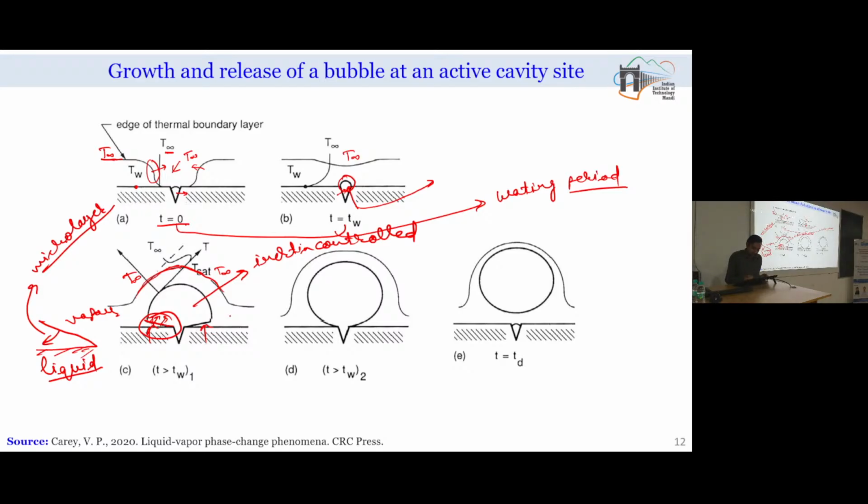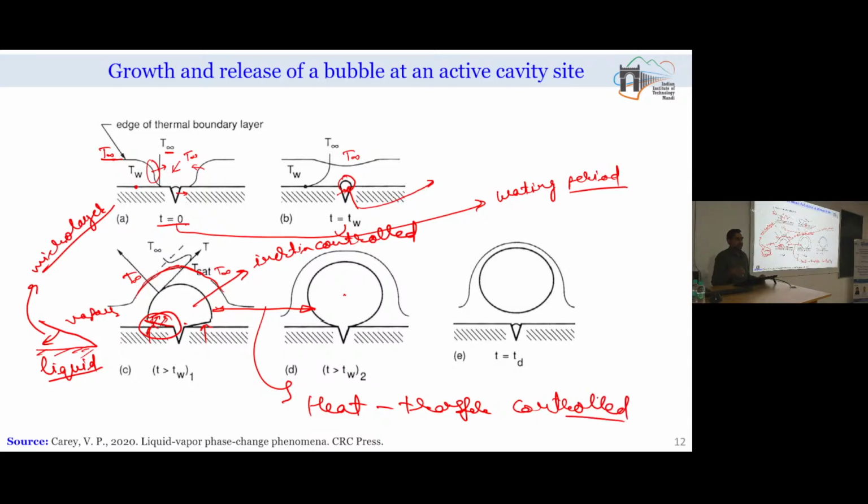After this point, whatever growth of the bubble takes place will be governed by the rate of heat transfer. So, from this point to this point, whatever growth is taking place is called heat transfer controlled growth. If the rate of heat transfer is high, this growth will be faster. If the rate of heat transfer is slow, this growth will be slow.